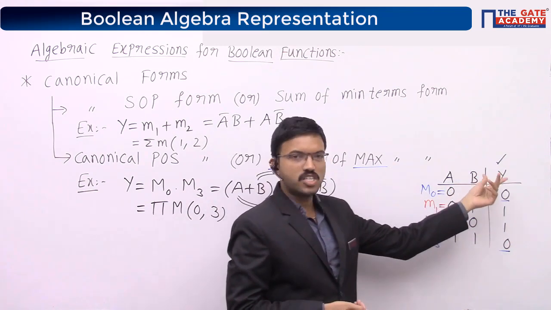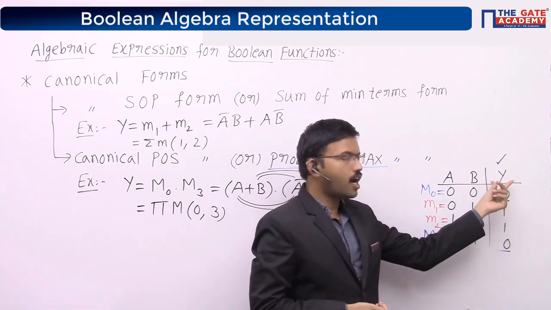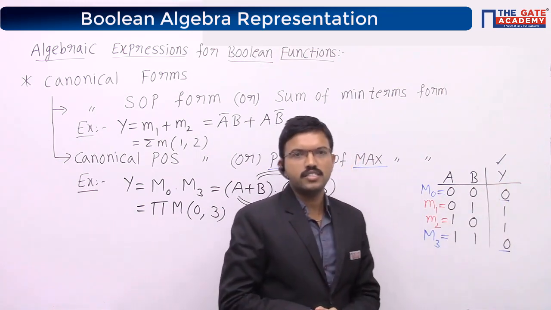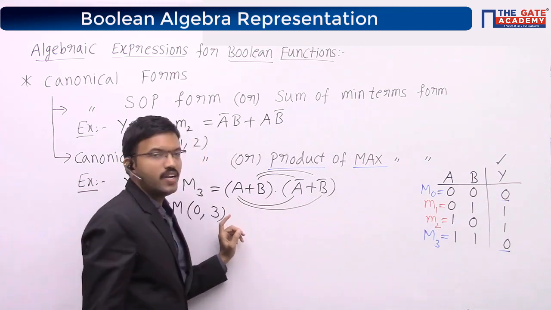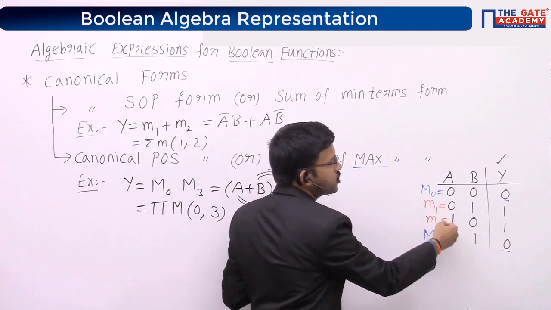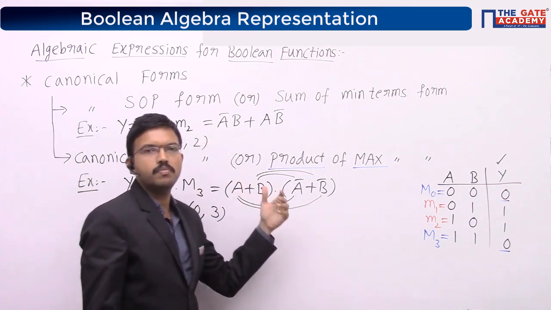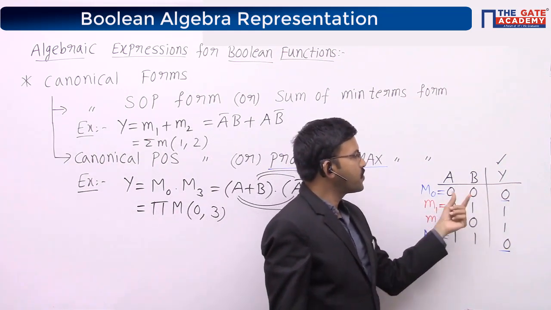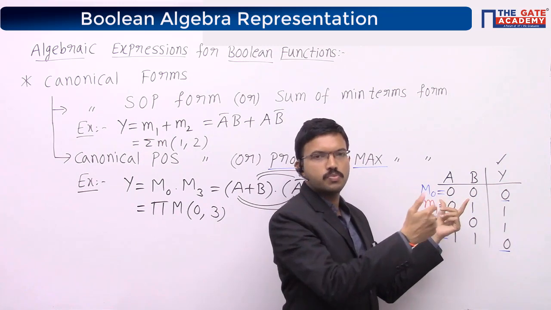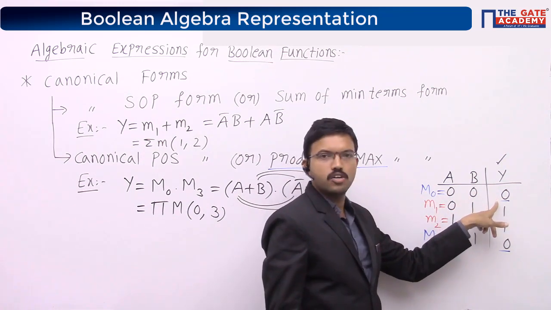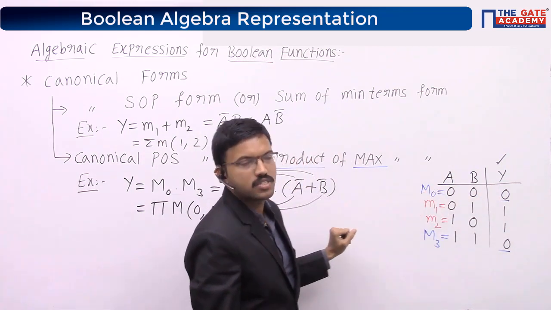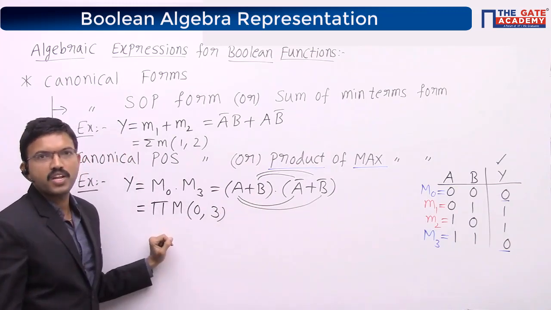So whatever expressions you get, we can represent the outputs in two varieties. One variety is we consider the input combinations for which output is 1, that is sum of minterms. The other is we consider the input combinations for which output is 0. If we are getting output as 0, then I will consider maxterms, product of maxterms, like that.